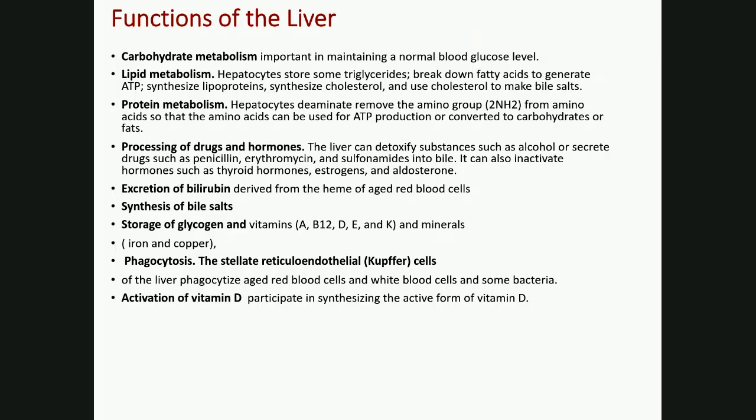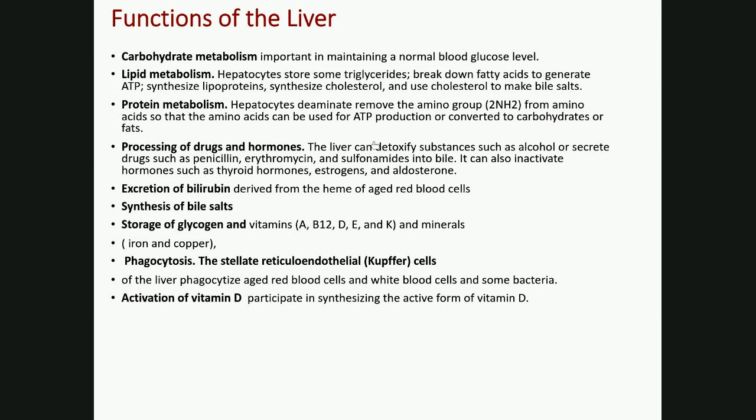Some general functions of the liver include carbohydrate metabolism, which is important in maintaining our normal blood glucose, lipid metabolism, and protein metabolism, breaking down proteins into amino acids that can be used for ATP production. It's going to process drugs and hormones.